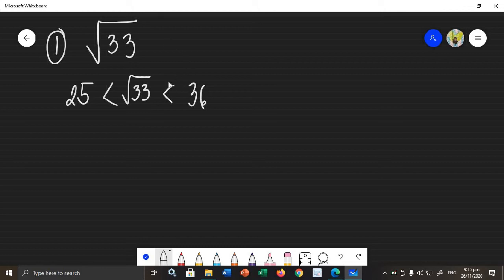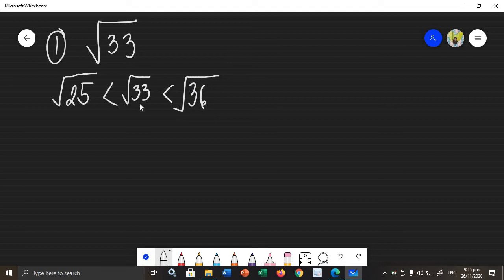Now, what we need to do is we will write this into a square root pala. Okay. So now, okay na. Nakapili na tayo ng dalawang perfect square na kung saan mapapagitnaan yung given natin. Now, pipili tayo kung saan mas malapit si 33.